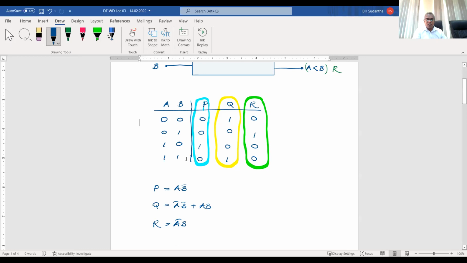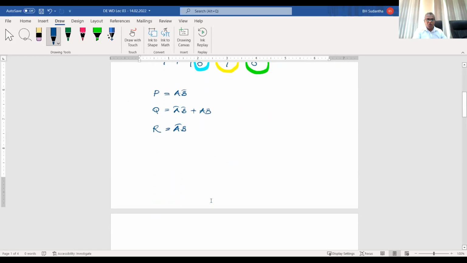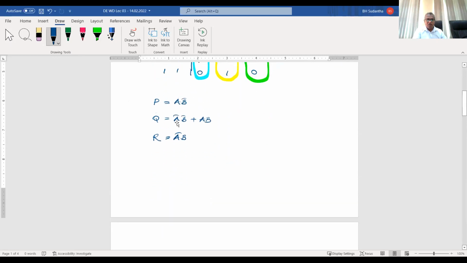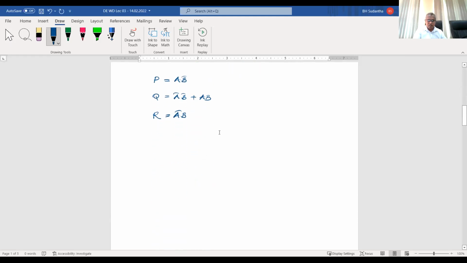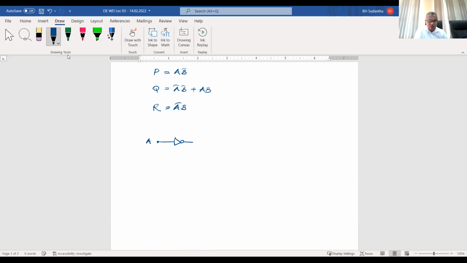Now, starting from 2 common points, we have to draw the circuit. These are the equations. Then we have A, and we need A bar also.